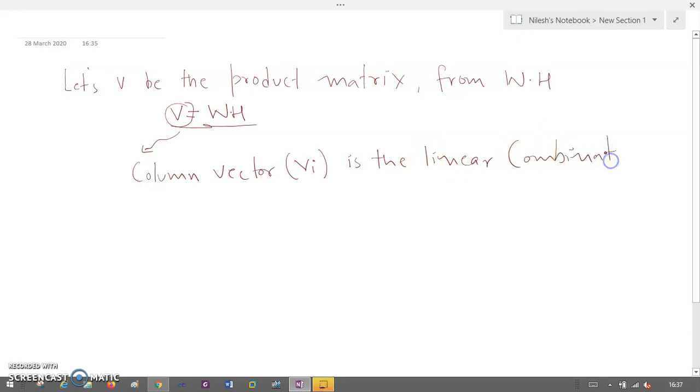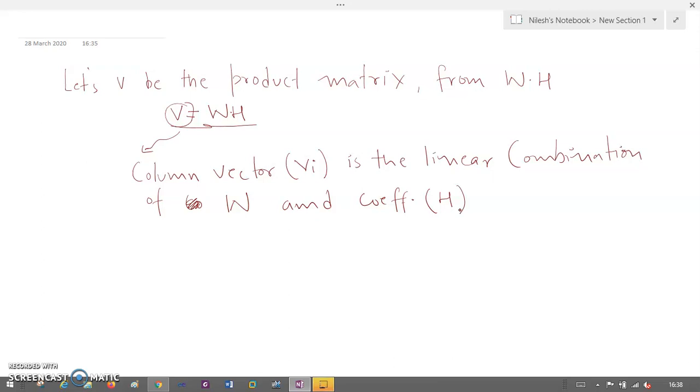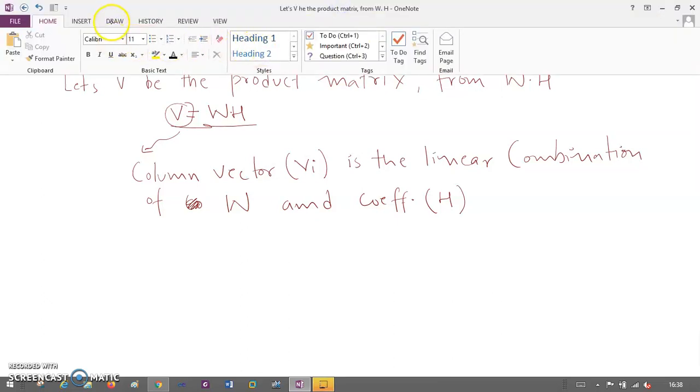I hope you can see that. That is the linear combination of the component. When I say component, it is nothing but W, and also the coefficient, and when I say coefficient, it is the H. So it is the linear combination of the column vector W using the coefficient of the column H. Okay, and I can write this sentence in this way.